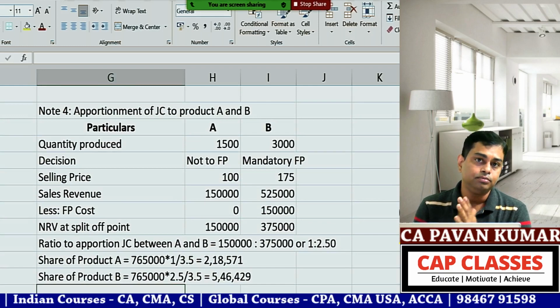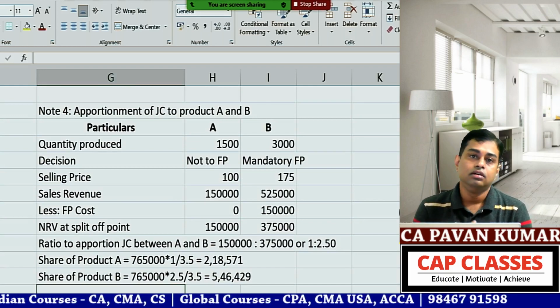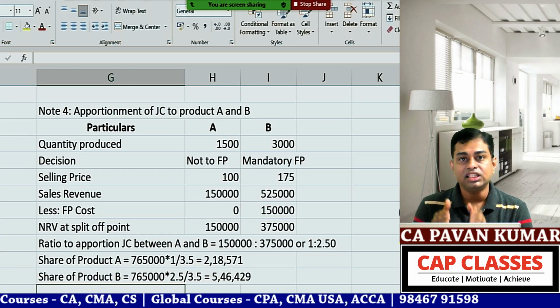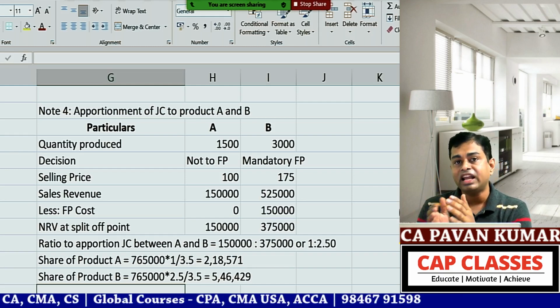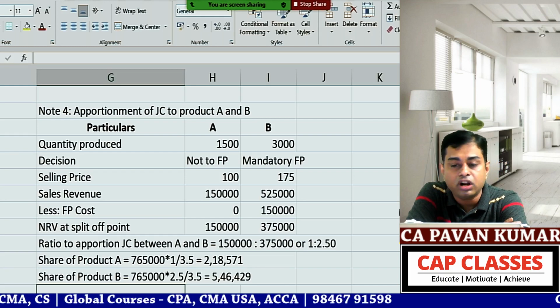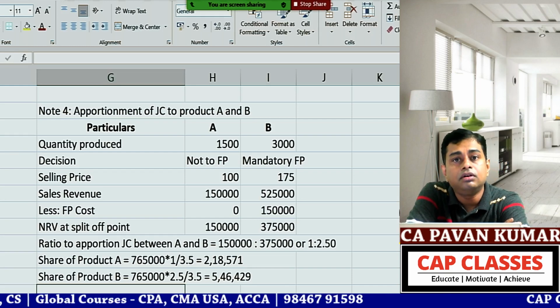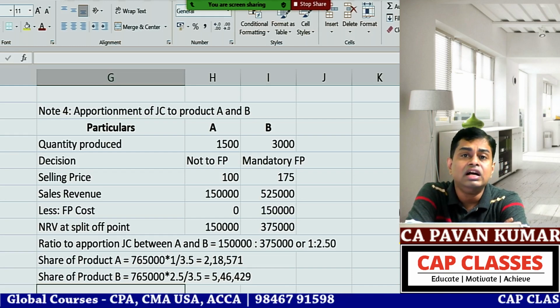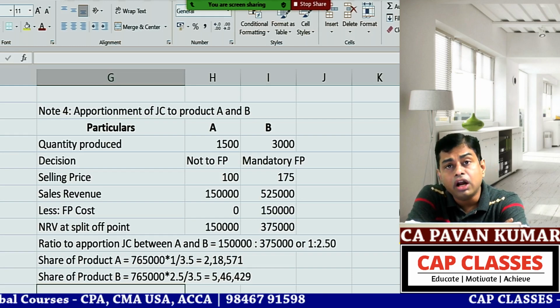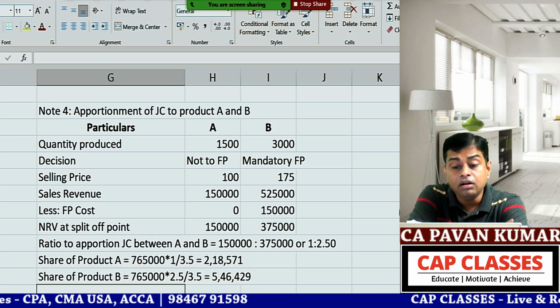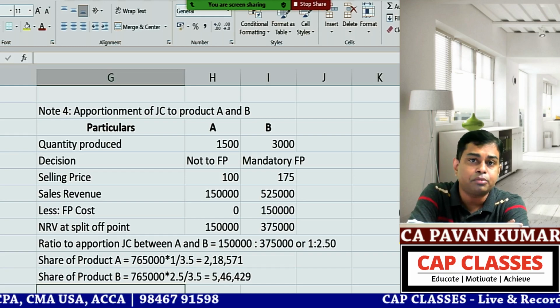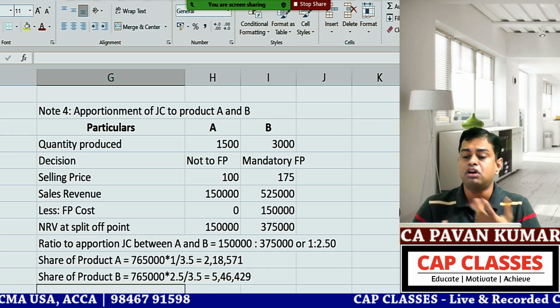You understand? So this problem comprises 1 byproduct and 2 main products. What we have done, first we calculated the net realizable value of the byproduct, which we subtracted from the joint process cost, and then we calculated the net joint process cost that is to be apportioned between main products. One main product we have decided not to further process because it is not economical, not beneficial.